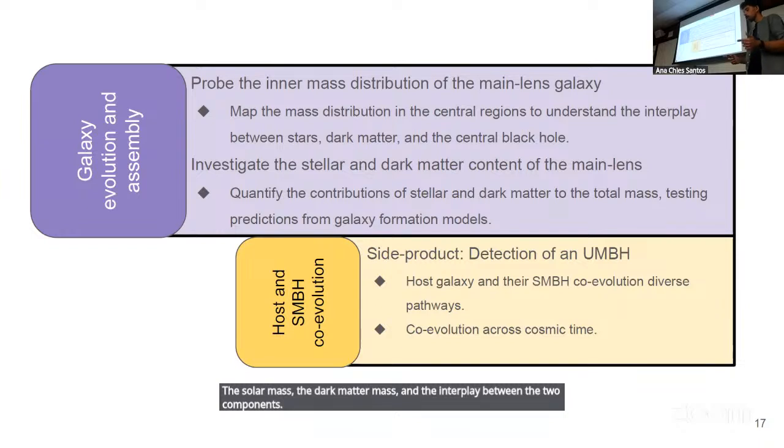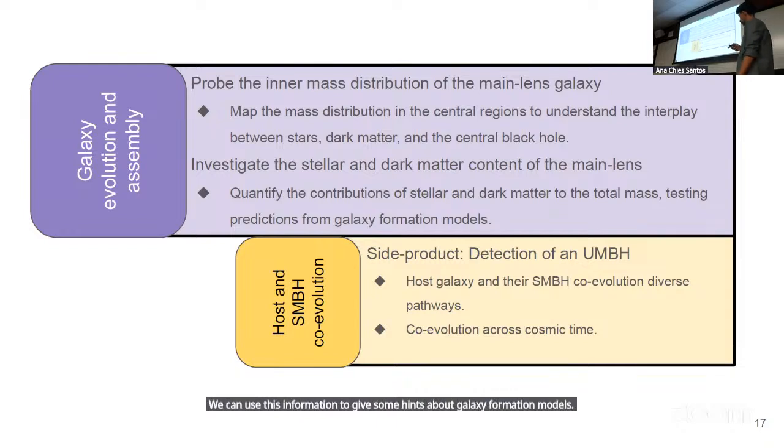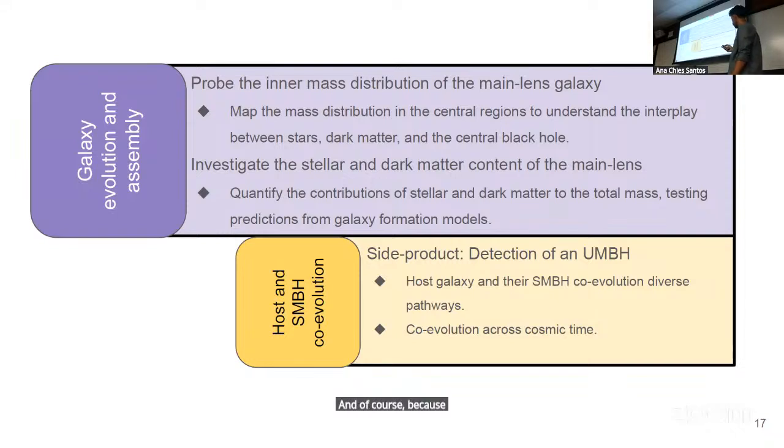We can use this information to give some hints about galaxy formation models. And of course, because it's in the title of this talk, we will also be using this information to constrain the black hole mass in the center of the galaxy.